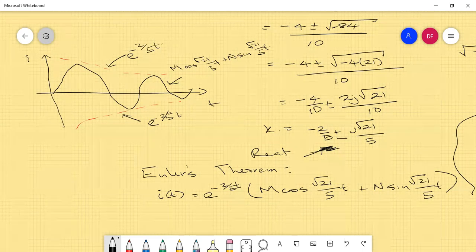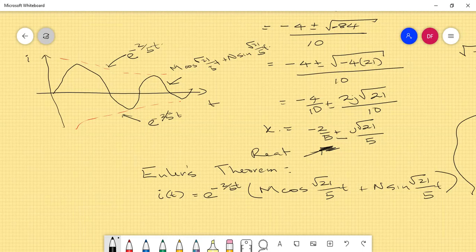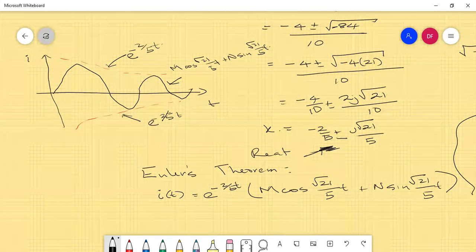So we have that kind of relationship there. The solution tells us what is going to happen to the current as it flows in the circuit. And so we can find the voltage across the resistance and the voltage across the capacitance.